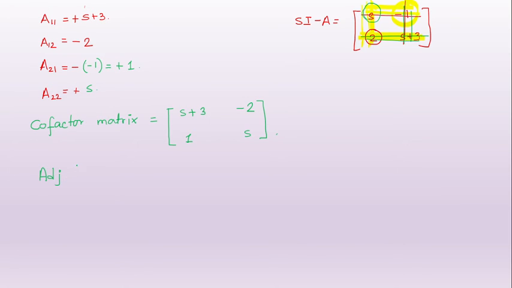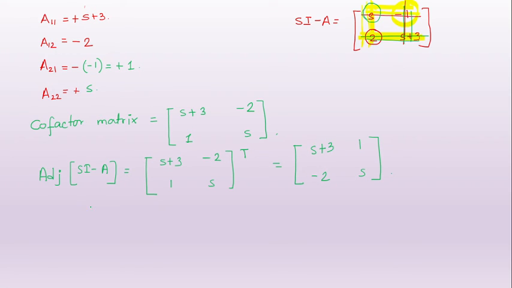The adjoint of sI minus A will be the transpose of the cofactor matrix. It will be the transpose of this. So it will become S plus 3, minus 2, 1 and S. So now this is the adjoint matrix.